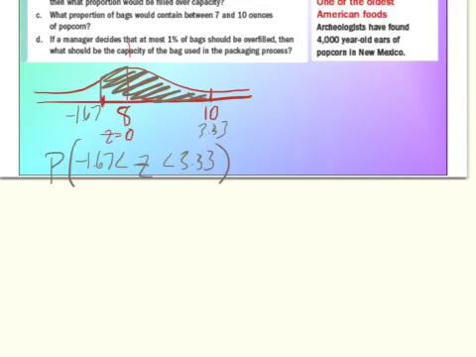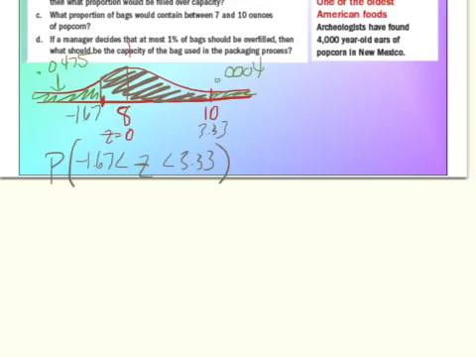We figured out the probability of the various tails. This tail right here, we knew the probability of that was 0.0475. This tail right here, the probability was 0.0004. What's the probability that the area under the curve is the brown region?